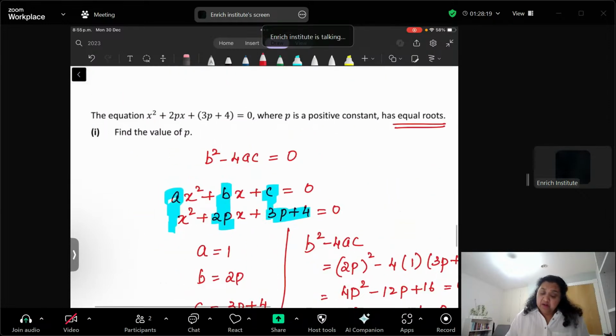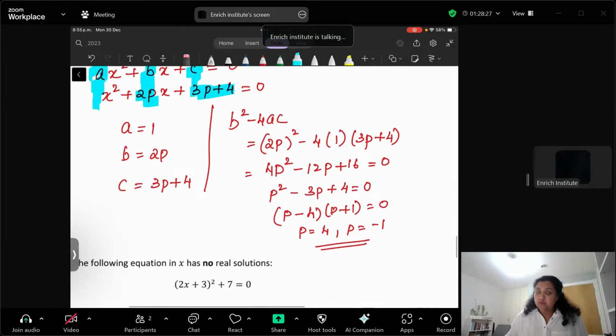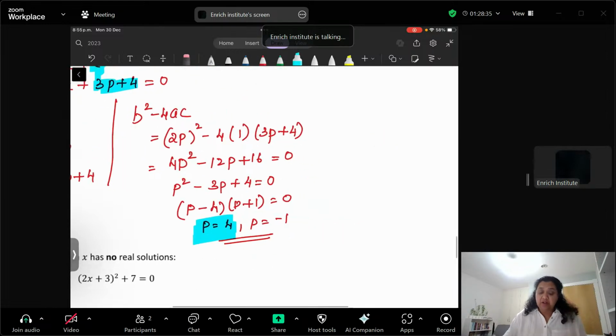Now let us go back to the question. It says that p is a positive constant. That is an important point. We got two values, p is equal to 4 and p is equal to minus 1. Which one will you take? You should take p is equal to 4. You have to write this down in your answer paper: p is 4 is the answer because the value is positive.